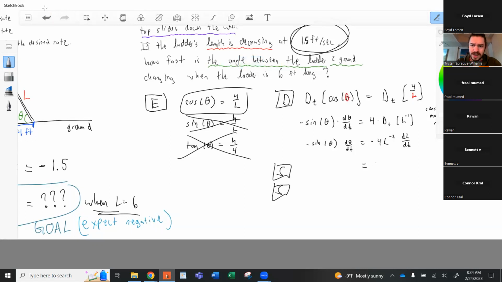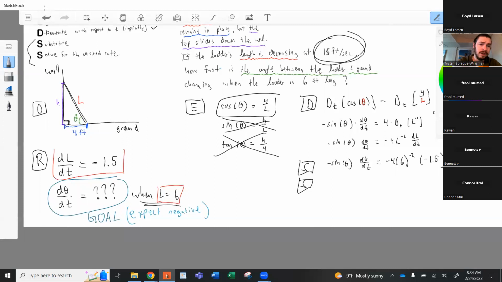On the right side of the equation, we're going to have -4 times 6 to the power -2, and then times -1.5. That was the rate of change in L. On the left side of the equation, we have d theta over dt, and then we have negative sine of theta. Now, that's substituting in, so far I've substituted in L equals 6, and dL over dt equals -1.5.